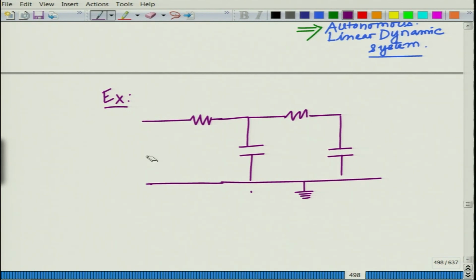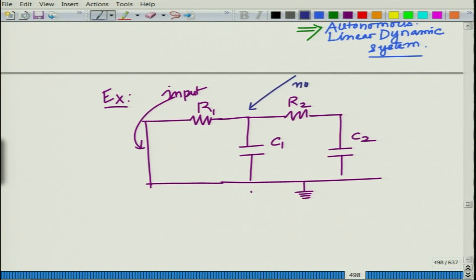I do not have an input. Of course, I can later include an input to make it more general, but right now we are considering an autonomous system. So, this is R1, R2, C1, C2, these are the nodes.